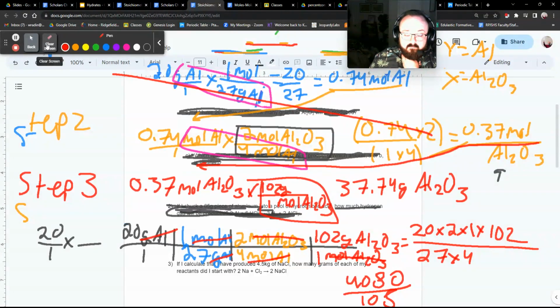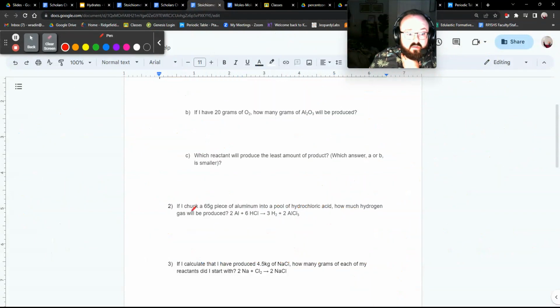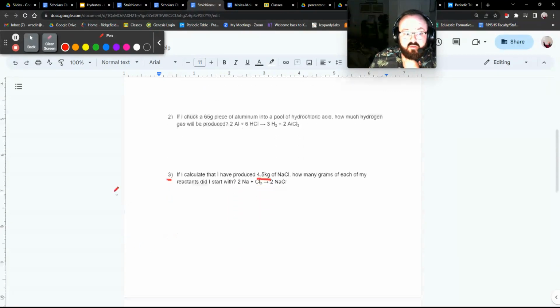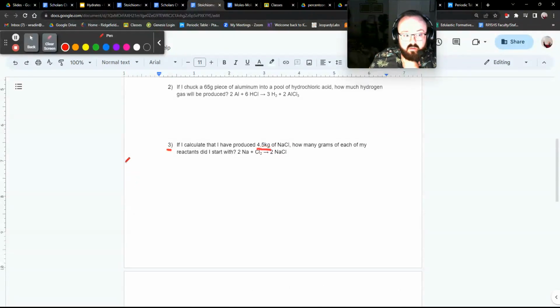All right. What I'm going to be doing, I'm going to do question number 3 right here. Because this one, oh, look at that. That's 4.5 kilograms of NaCl.